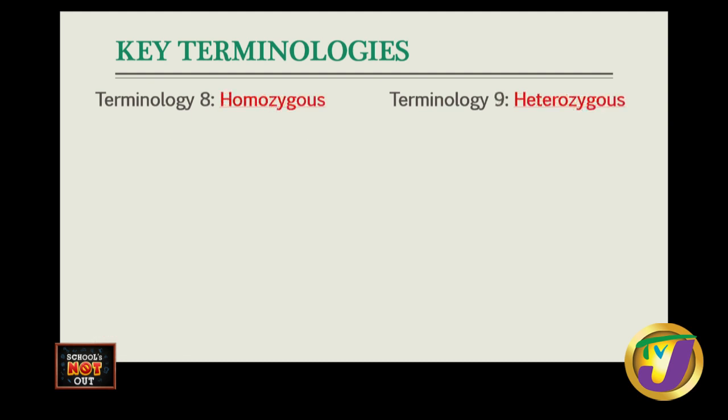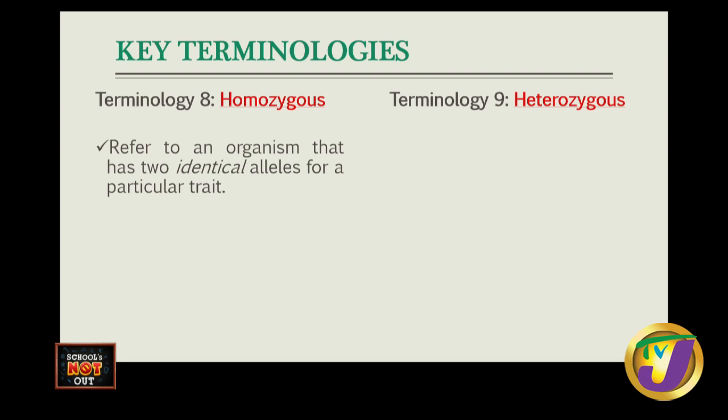Now terminology 8 and terminology 9, homozygous and heterozygous. If we were to look at the prefix, homo meaning same and hetero meaning different, for homozygous, this refers to an organism where there are two of the identical alleles present. So, for example, we can have the offspring having two capital E's.